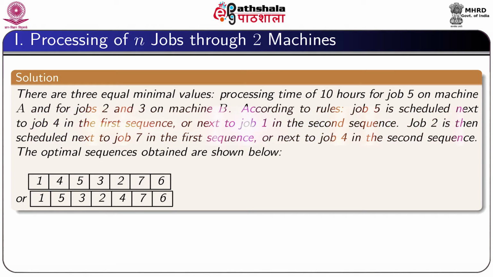Job 2 is then scheduled next to job 7 in the first sequence or next to job 4 in the second sequence. Thus, we obtain the optimal sequences as 1, 4, 5, 3, 2, 7, 6 and 1, 5, 3, 2, 4, 7, 6.